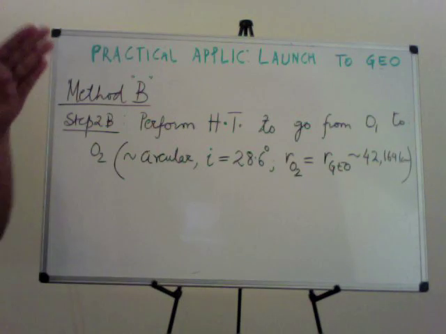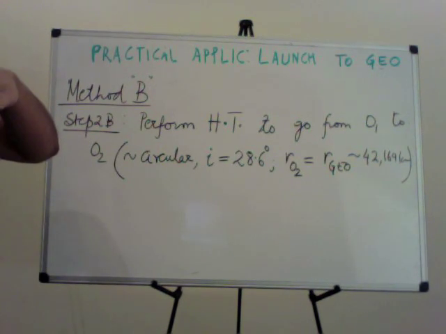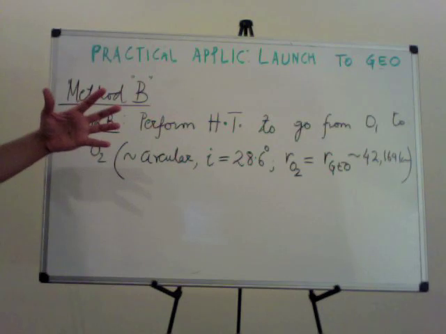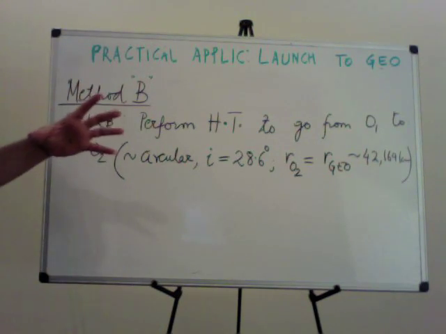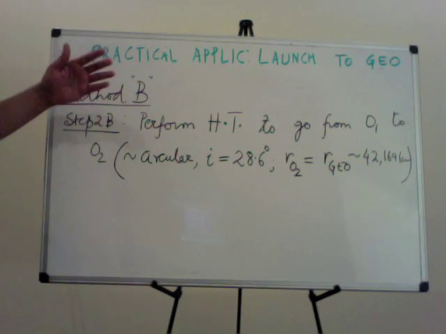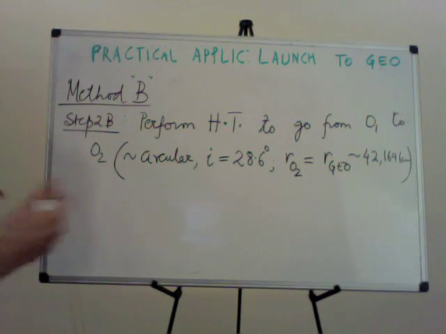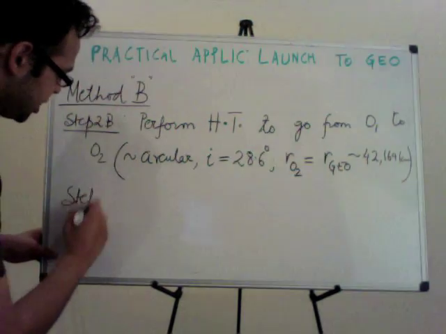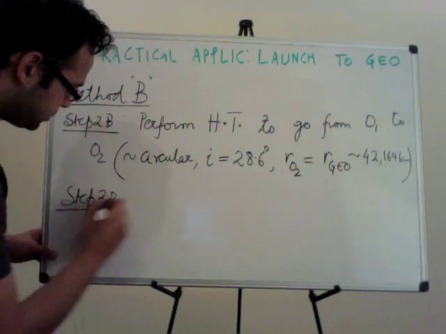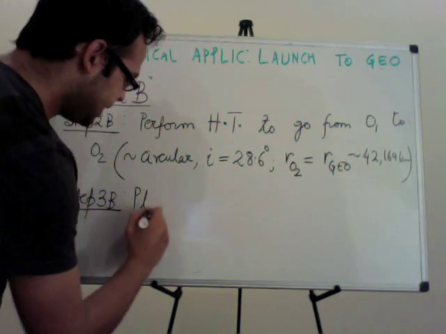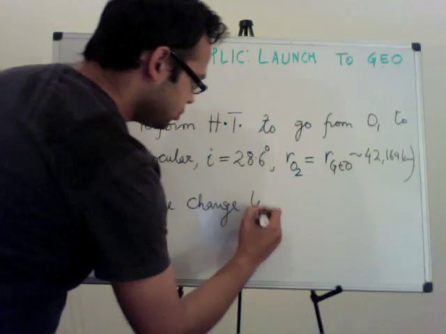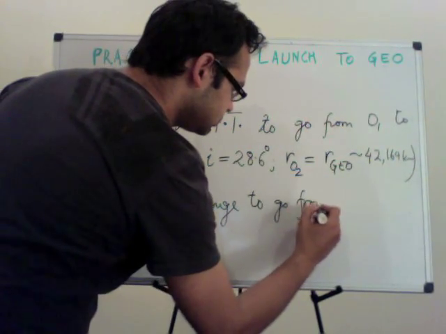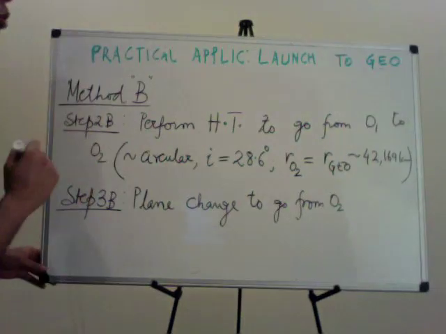In method A, we first did the plane change, ended up in an equatorial orbit, and then expanded it out to reach GEO. Here, we first expand the parking orbit to reach as far as GEO, and then in step 3 of method B, we will perform a plane change to go from this new intermediate orbit.